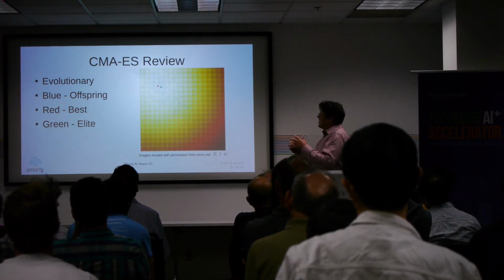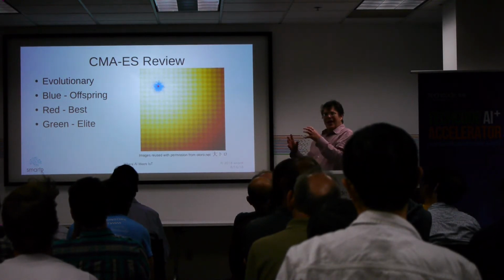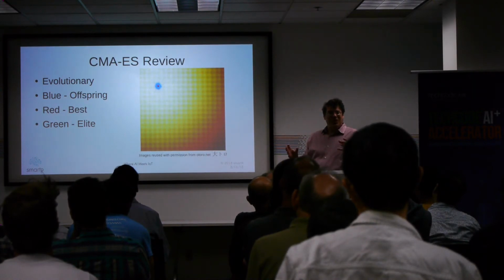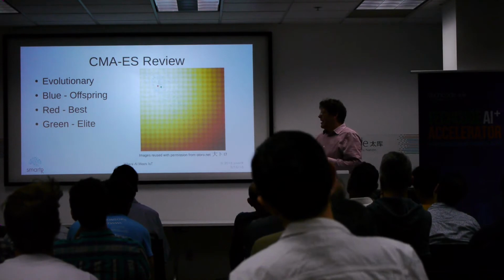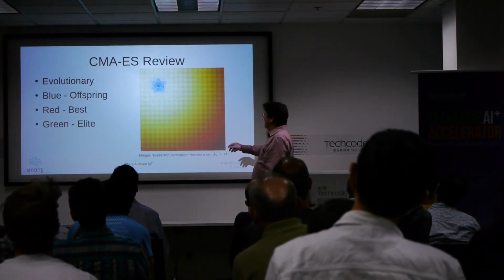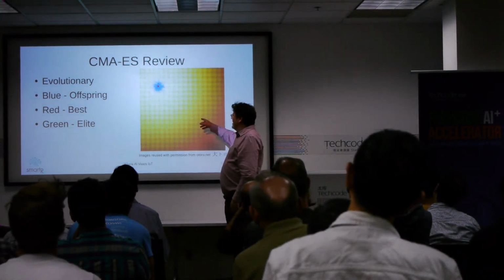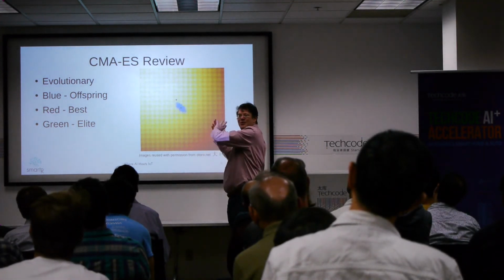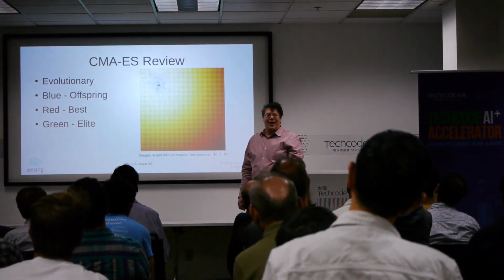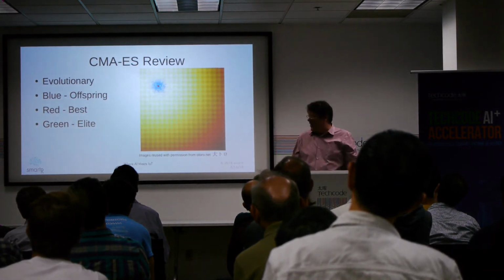And then from those best ones, it calculates a new distribution and then chooses a bunch of blue dots, which are the offspring, and it then looks at what were the best of those blue dots. And you can see when it starts over here, it's quite tightly clustered, and it very quickly explodes, and it even figures out what's the right way to explode. It's moving up towards that global optimum.